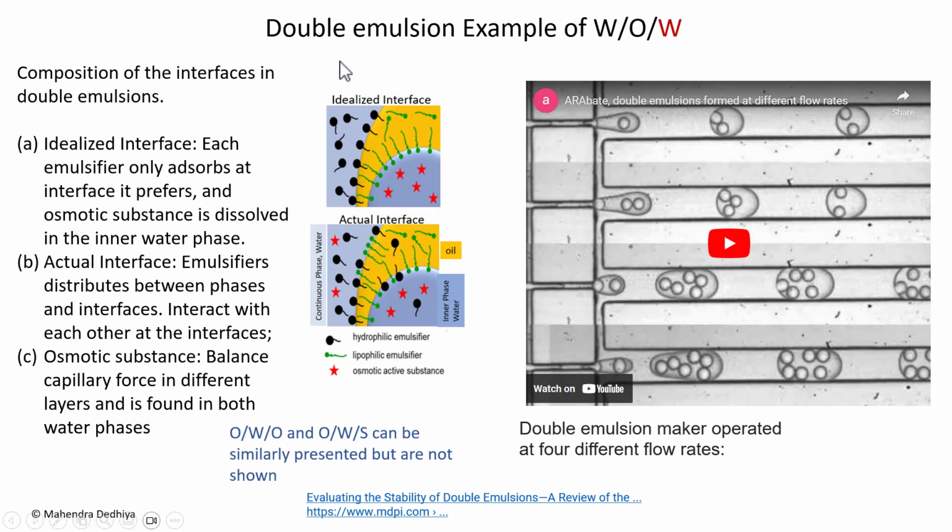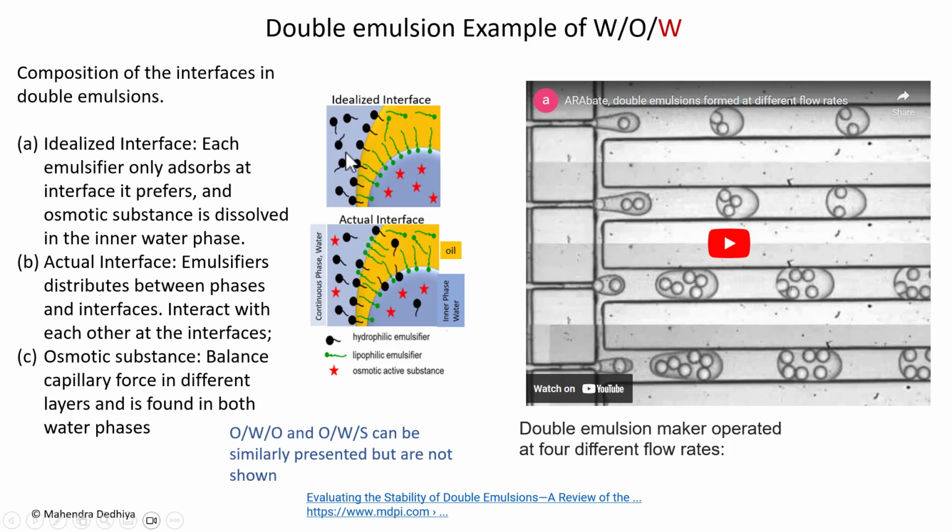The double emulsion showing you water, oil and water, and this is applicable to all types of double emulsion, has two different interfaces. And here an idealized interface is shown. Yellow is oil and blue are two different water phases, W1 and W2.